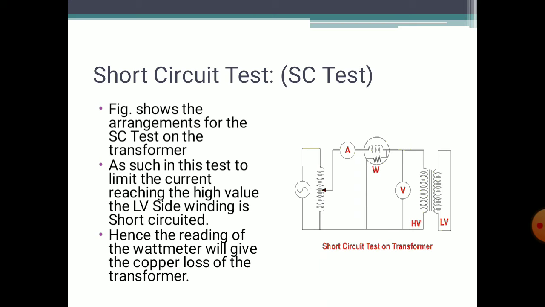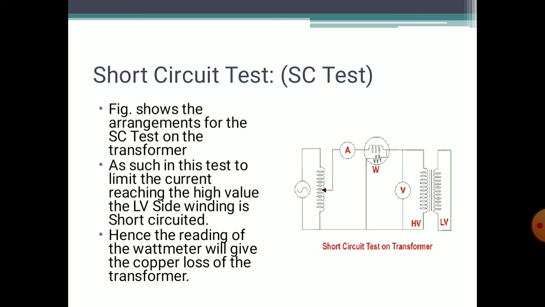After giving the supply from the variac, it is increased gradually, and side by side it is checked that the temperature of the low voltage side winding does not rise to a dangerously high value.